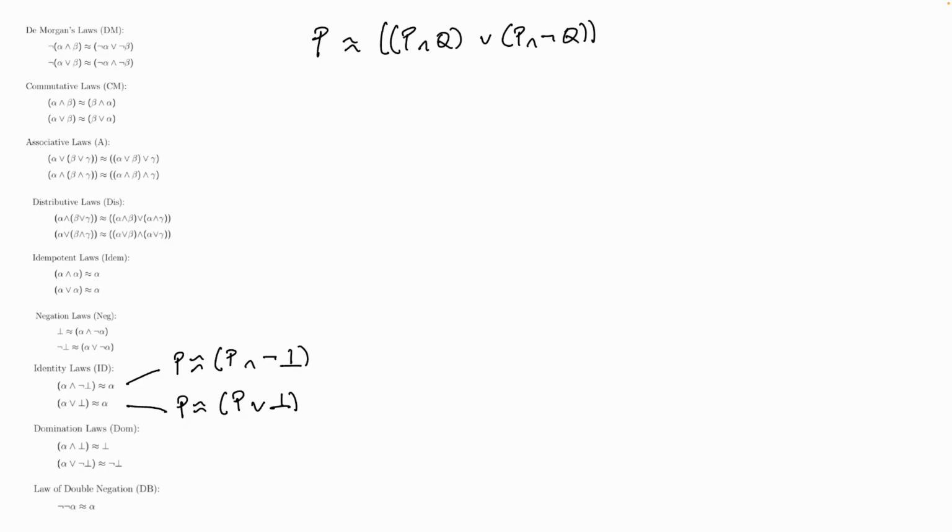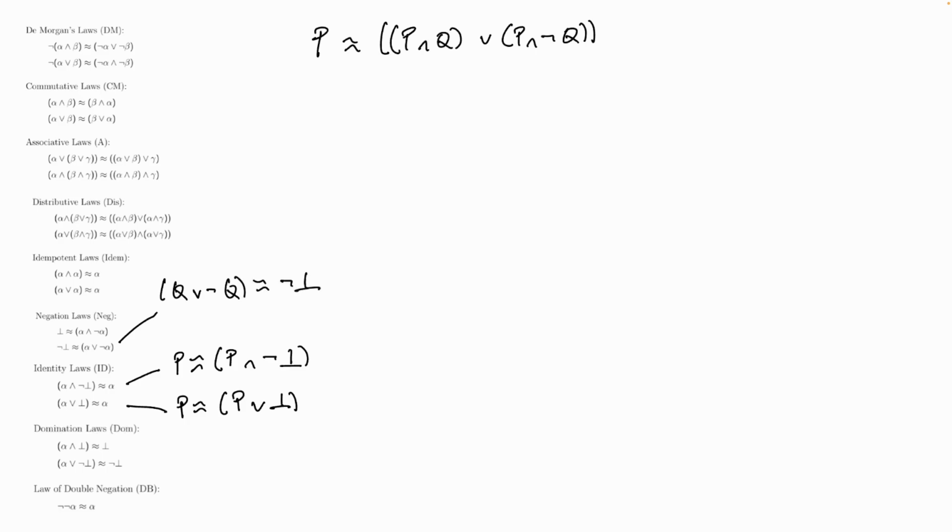In other words, take any formula you want, plug it in for alpha in the schema alpha or not alpha, and the second of the negation laws tells us that the resulting formula is equivalent to the negation of absurdity. So in particular, we could plug Q in for alpha in the schema alpha or not alpha. Right? That would give us the formula Q or not Q. And the second negation law tells us that that formula is equivalent to the negation of absurdity.